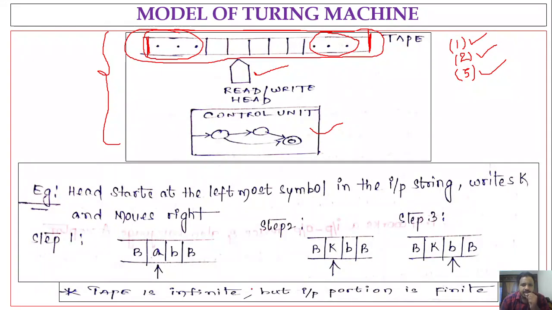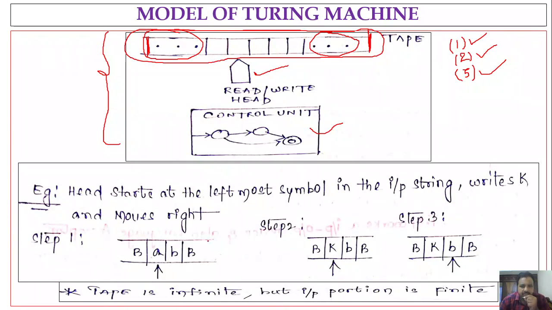Okay. Next, we have this representation showing how the input is going to be processed from the input tape. These are certain steps I have taken here to represent how the read and write operations are performed on the input tape.